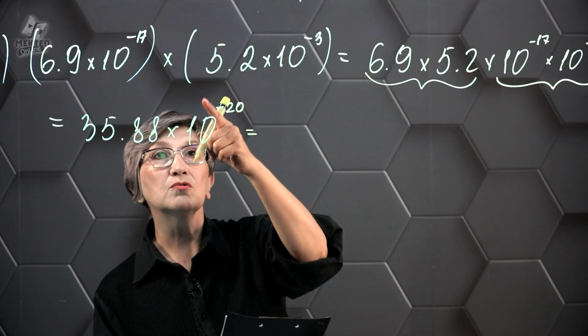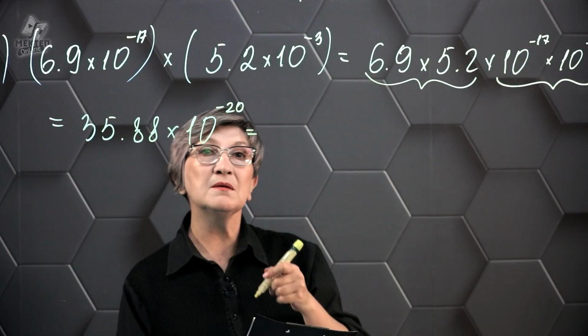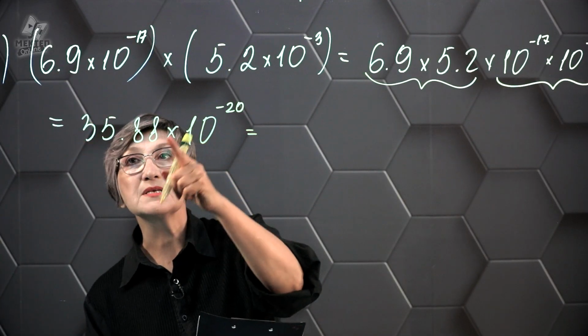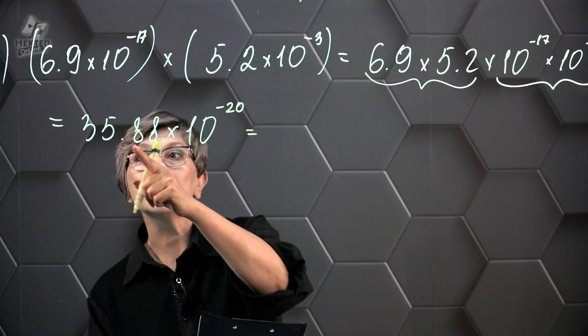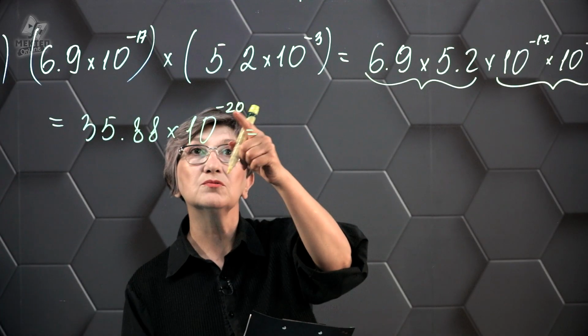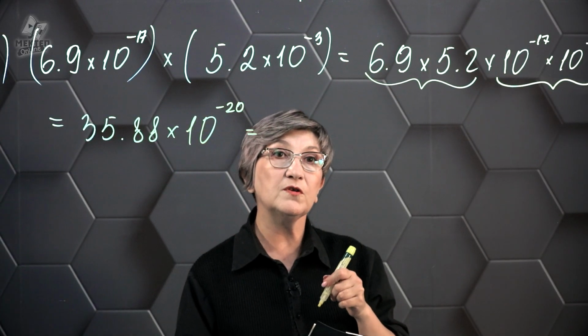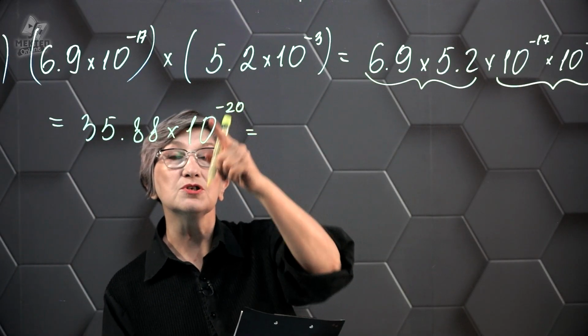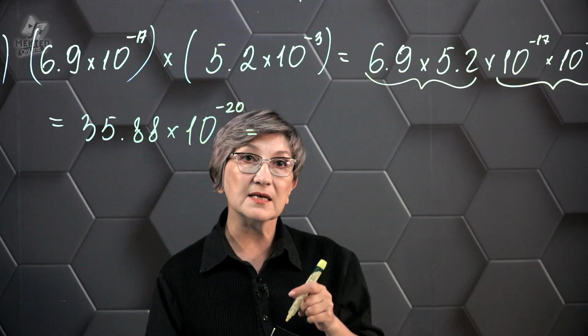The thing is, we have 10 to the power of minus 20. We know how to write a number in standard form by moving the decimal point. In this case, the exponent increases. But in our case, the exponent is a negative number.